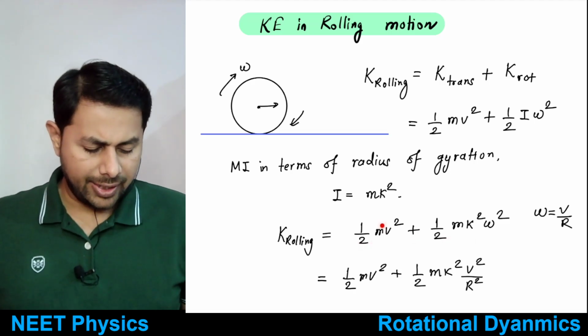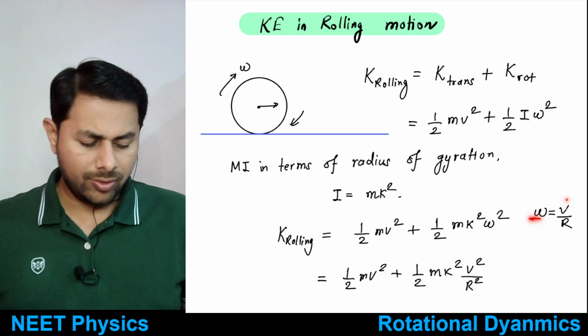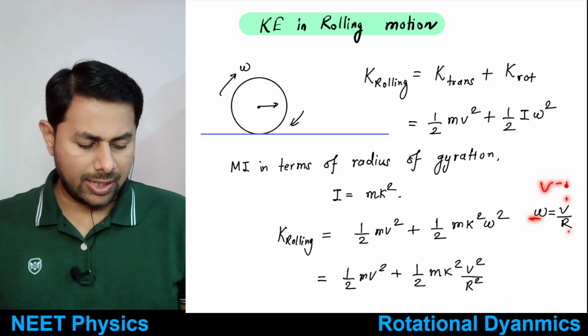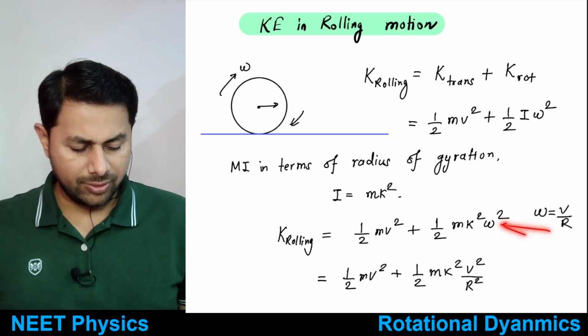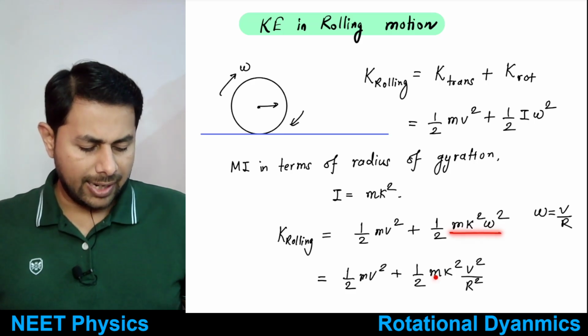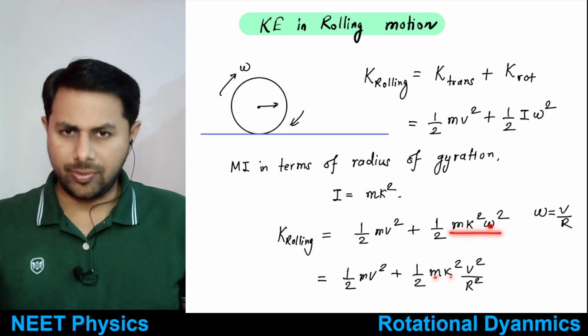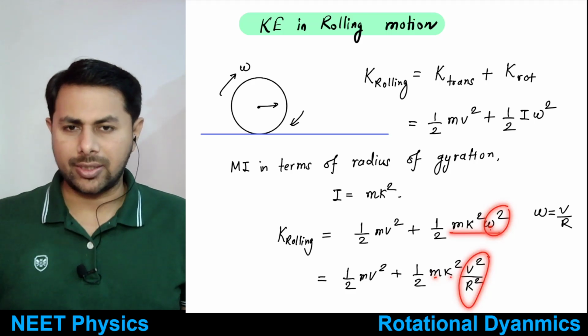And then you can take m common, right? And you can put v is equal to r times omega, or omega is equal to v by r. If you substitute omega is equal to v by r, so what do you get? In this term you will get mk square times v square by r square in place of omega square.